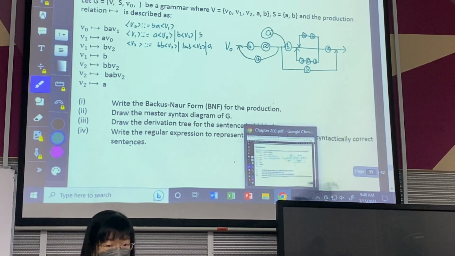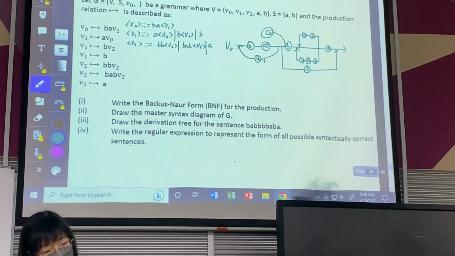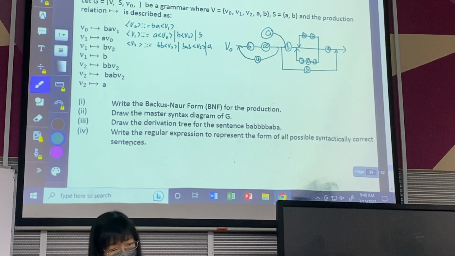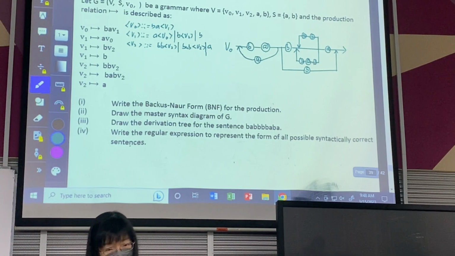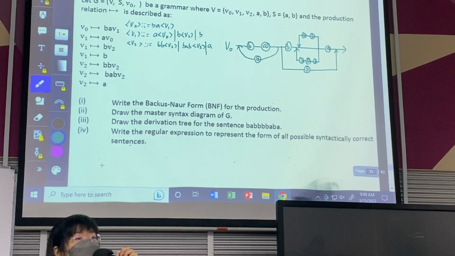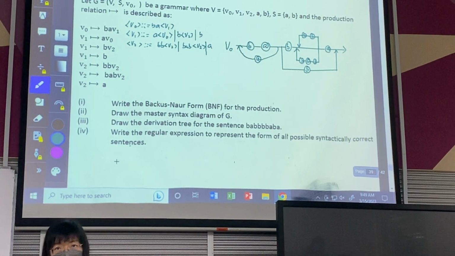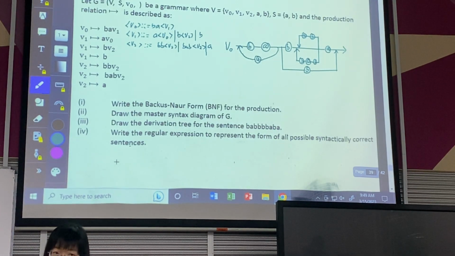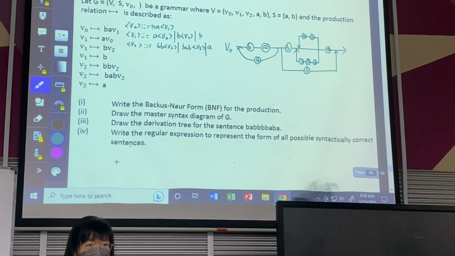So the loop of A here must be before the B go out. So we cannot draw it after the line here. Okay? So we need to see the sequence, which one comes first. If that one is done first, is it possible to loop back again? So you need to think of that.